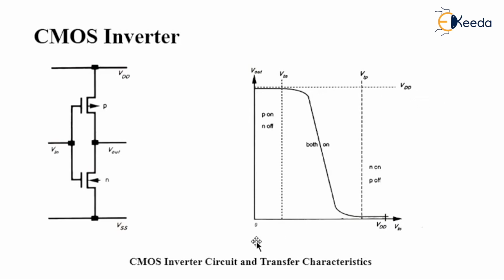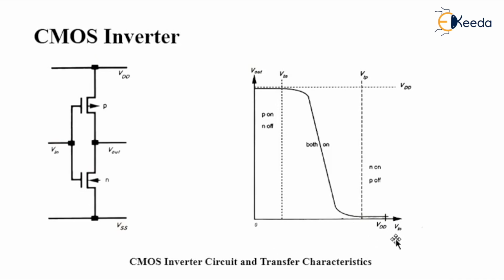When the input voltage is at 0 potential, as the cursor is showing now, the output is at maximum VDD. So it is simply inverting the 0 level to the 1 level. It is performing its action, so it is acting as an inverter. I repeat, when I give an input voltage of 0, the output is at VDD.